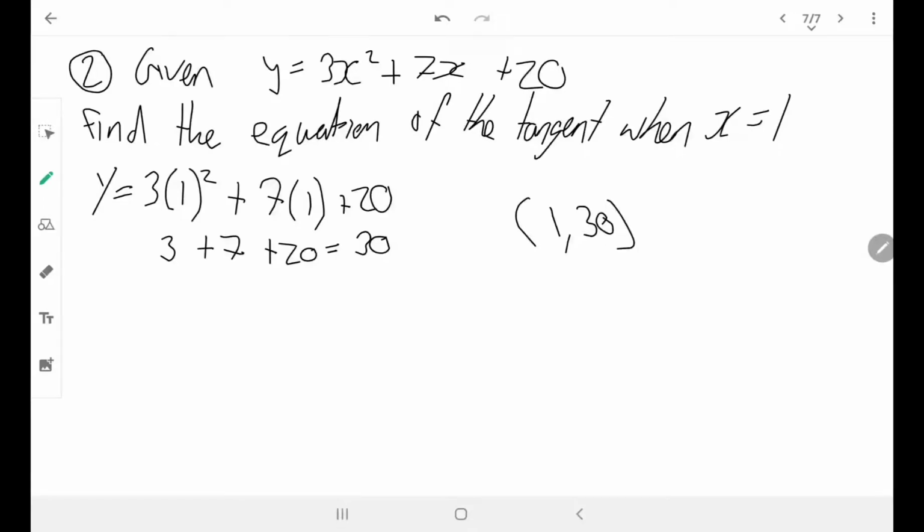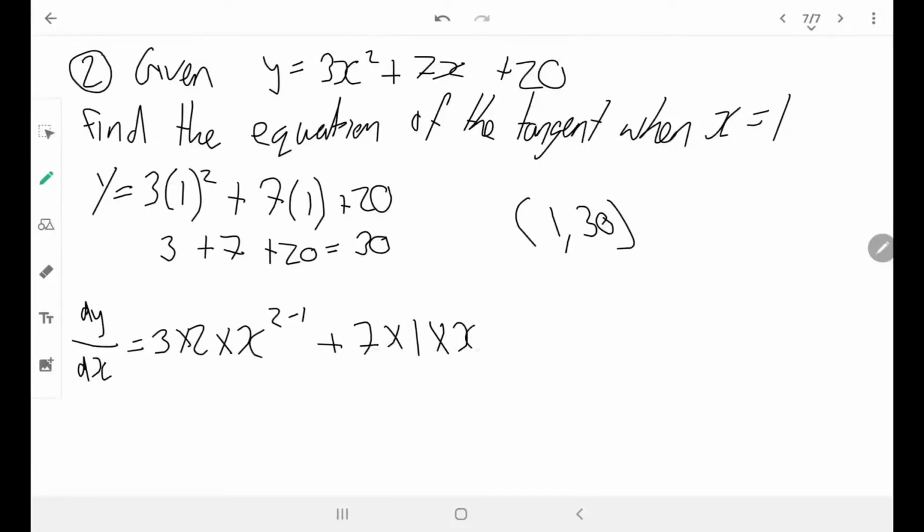So now we need to find dy dx, our effective gradient. Dy over dx equals 3 times 2 times x to the 2 minus 1, plus 7 times 1, because that's x to the power of 1, times x to the 1 minus 1, and the gradient of the 20 just disappears.